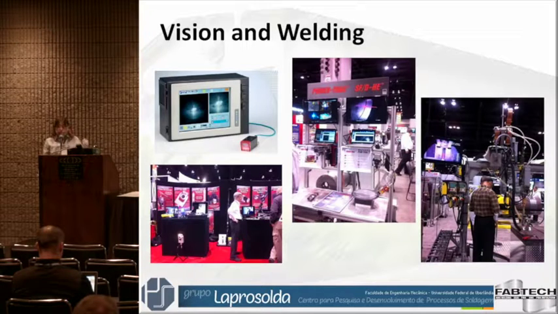The welder uses vision to control the parameters and see how the weld pool is behaving, and a specialist can give information about the quality of the welded joint just by vision, and many other things like joint tracking. So welding vision gives many different kinds of information.